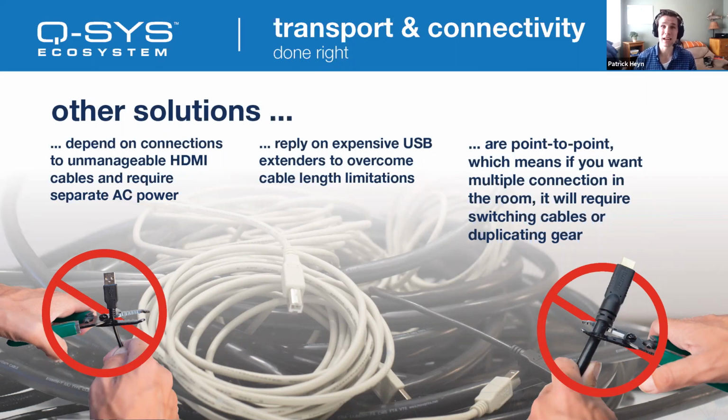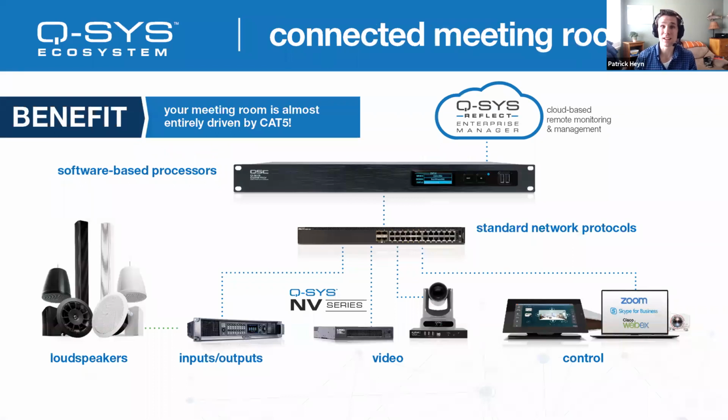So with Q-SYS, we have solved that problem with the network. Why not use the network to its full advantage and use these other technologies like USB and HDMI to their advantages? We're not saying that USB is terrible. We're saying use USB in the right way.